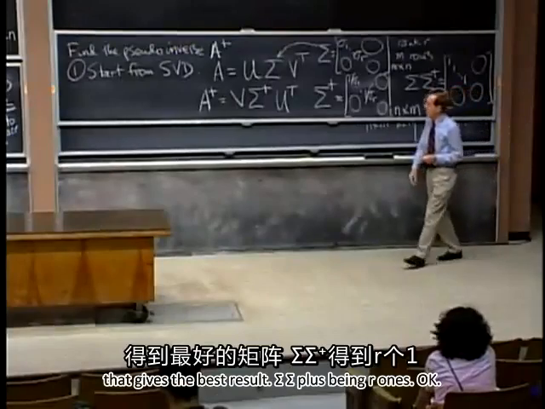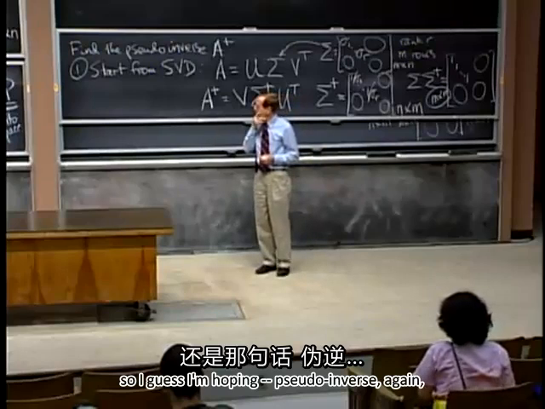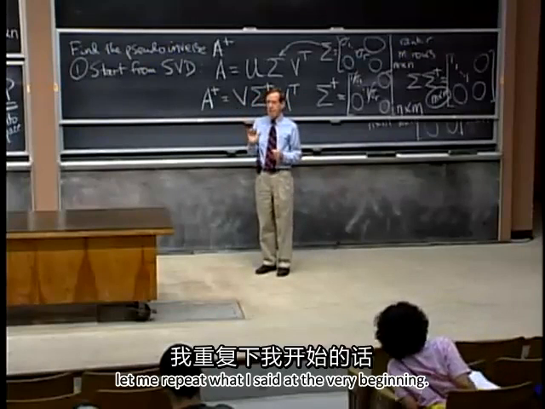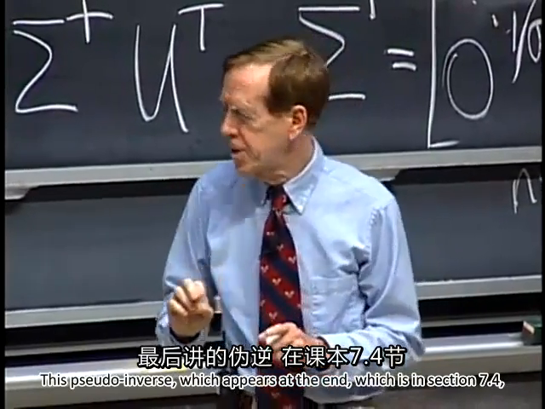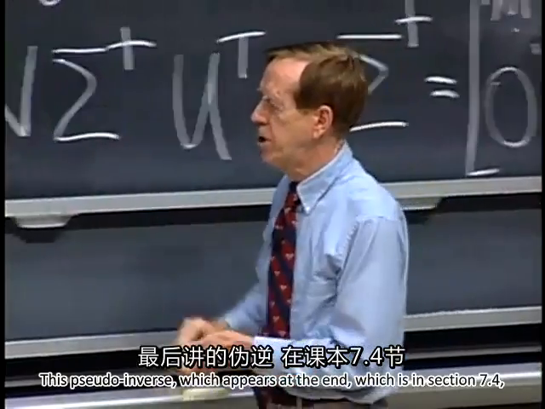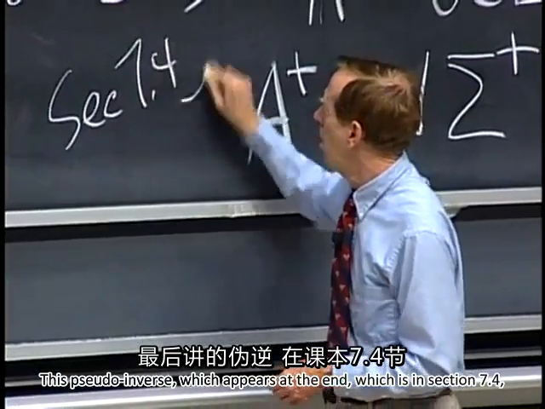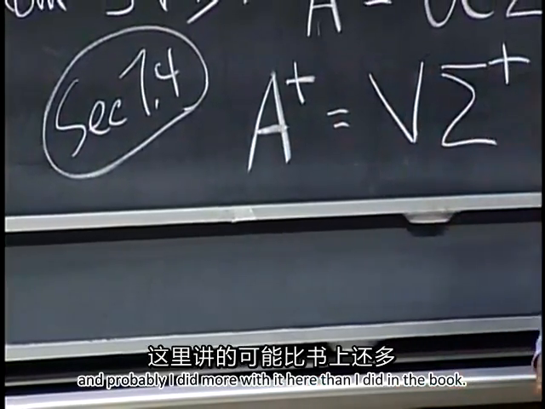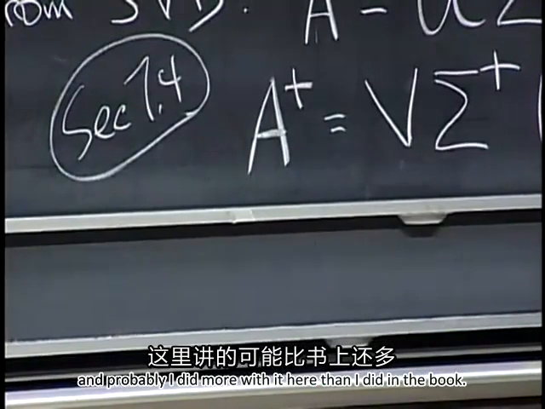Okay. So I'm hoping, pseudo-inverse again, let me repeat what I said at the very beginning. This pseudo-inverse, which appears at the end, in section 7.4, and probably I did more with it here than I did in the book.